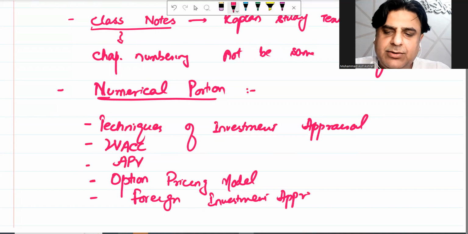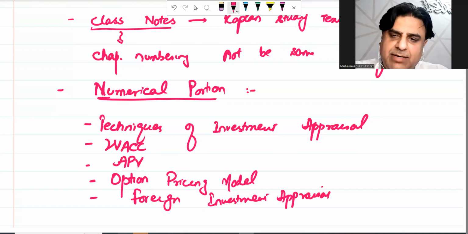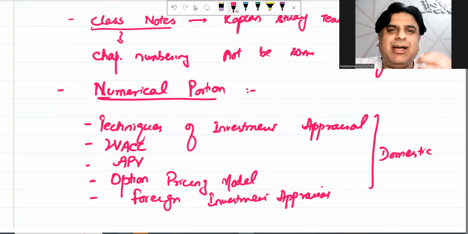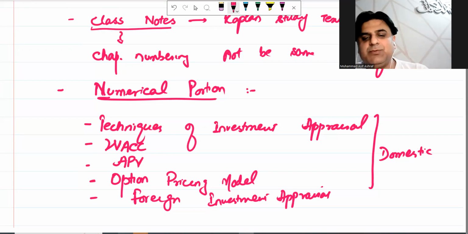So my first aim is that you understand how domestic investment appraisal is made and gain competence over it. Then we will move towards foreign investment appraisal. So this will be my order.